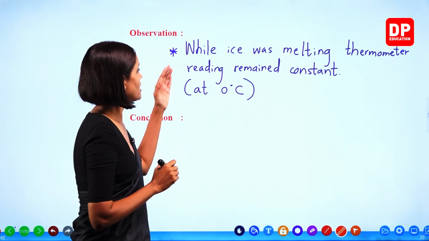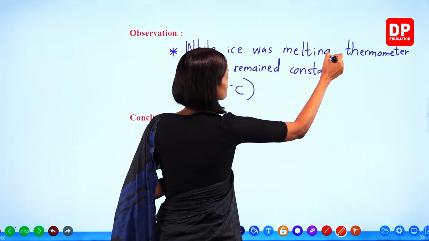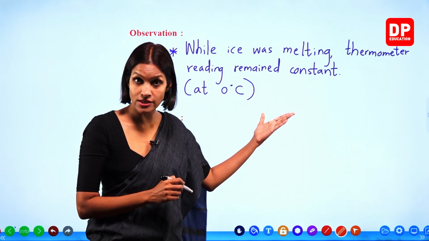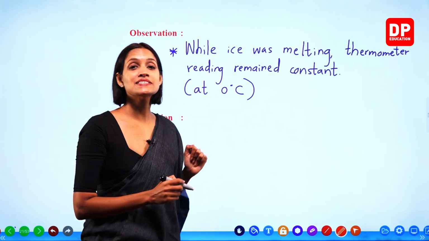While ice was melting, thermometer reading remained constant, which means without changing, at 0 degrees Celsius.